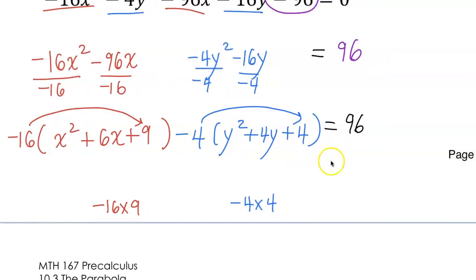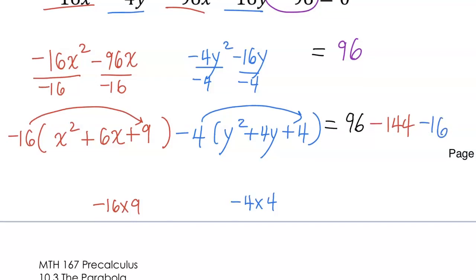Where's my calculator? I'm going to multiply 16 times 9 real quick, okay? Got my baby calculator over here, 16 times 9. That is 144. So I am subtracting 144 on the right-hand side. And I'm also subtracting 16 right there, okay?